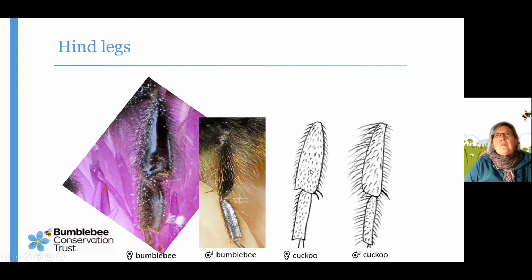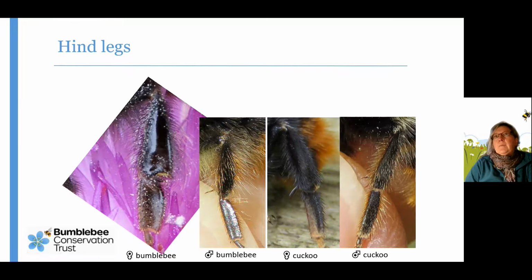And just to show that photographically, there you have the pollen basket on the left of the female social bumblebee, and then the hairier hind leg of the male. But you can see in the cuckoos, by comparison, the hairs are very dense and the legs are very narrow, uniformly narrow, particularly spindly in the males.